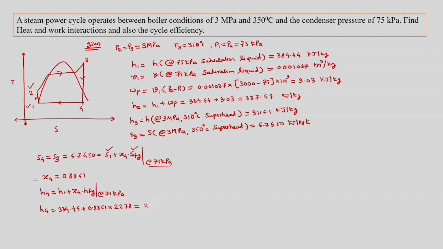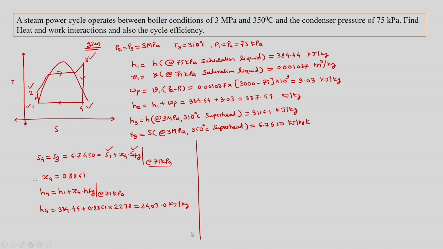So this gives us H4 as 2403.0 kilojoule per kg. Now we know all enthalpies at all corners of the cycle.